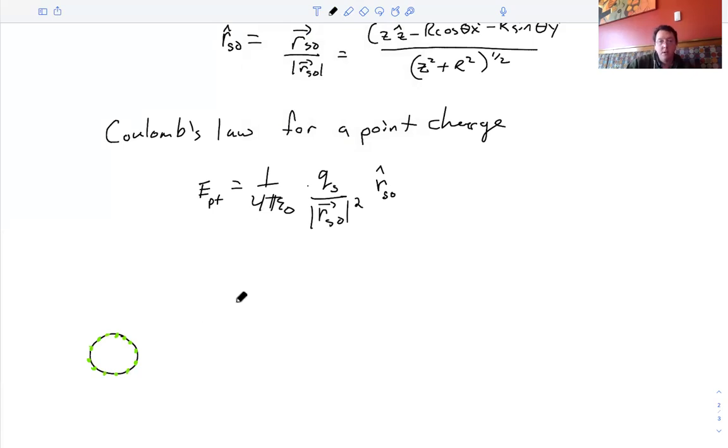Each point charge is just a tiny bit of charge. It's not a macroscopic number, it's a microscopic number. So we get a differential amount of electric field from each little point charge, which has a differential size.